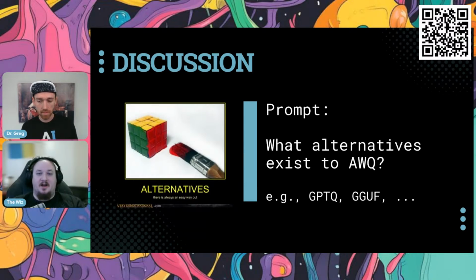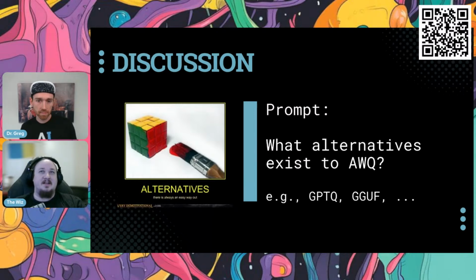Due to the long-standing nature of GPTQ, it is the most supported of these quantization methods because it's just been around the longest. So you're going to find situations where your model is supported by GPTQ but not by AWQ, and there's no easy path to get an AWQ model.